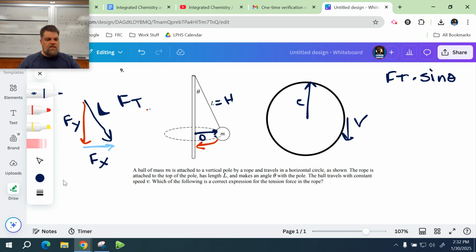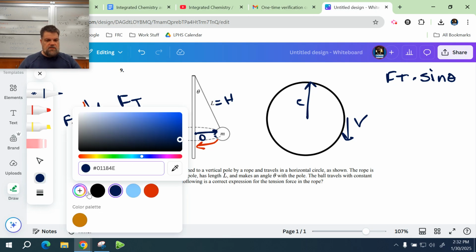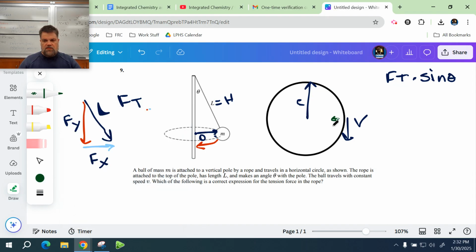So remember that centripetal acceleration goes from the outside of the circle towards the center of the circle. And also remember that the centripetal acceleration is equal to the linear velocity squared over the radius of the circular path. Whew, that's a lot.